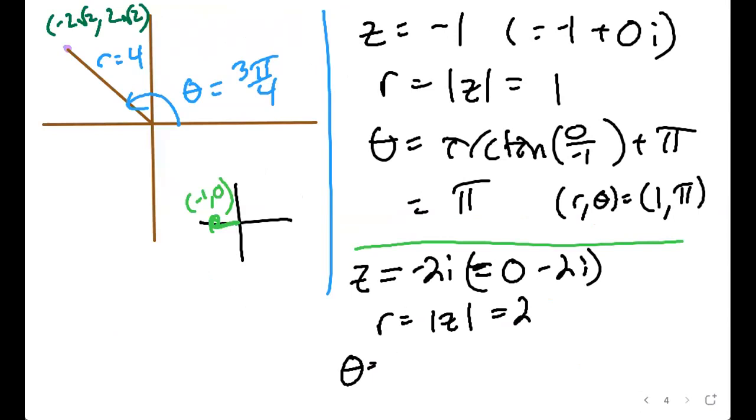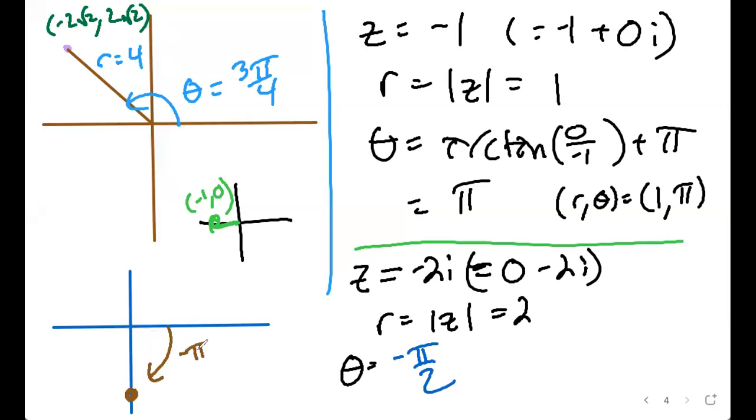In this case, it's negative pi over 2. How can we tell that? Just by plotting it: -2i is down here, so this angle would be negative pi over 2. You could also write that as 3 pi over 2. Both of those would be correct. r has to be 2.